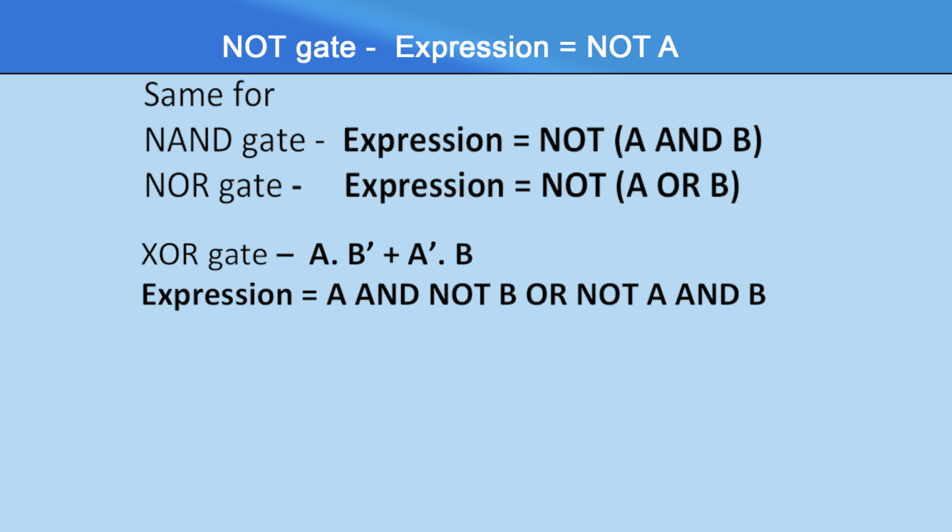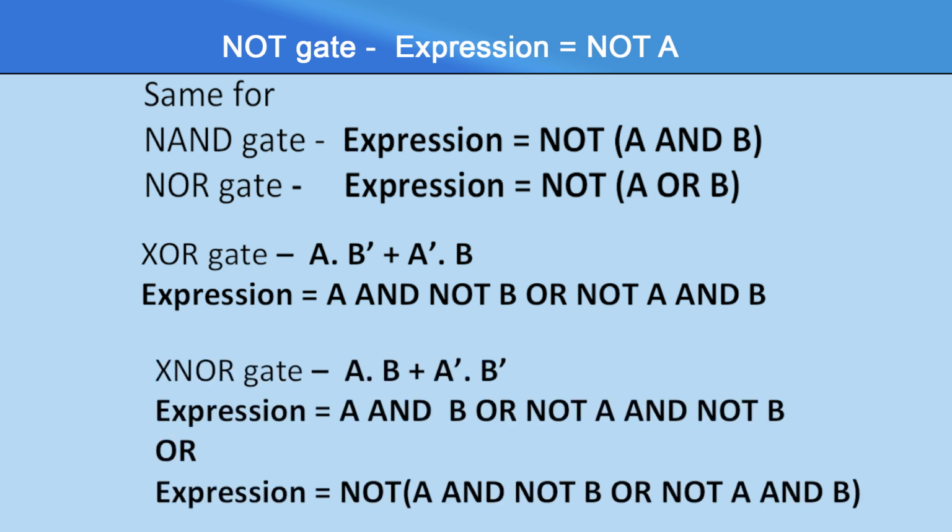The dot or product signifies the AND operation, plus signifies the OR operation. Okay. So, A and not B or not A and B, this will be the expression for your XOR gate.